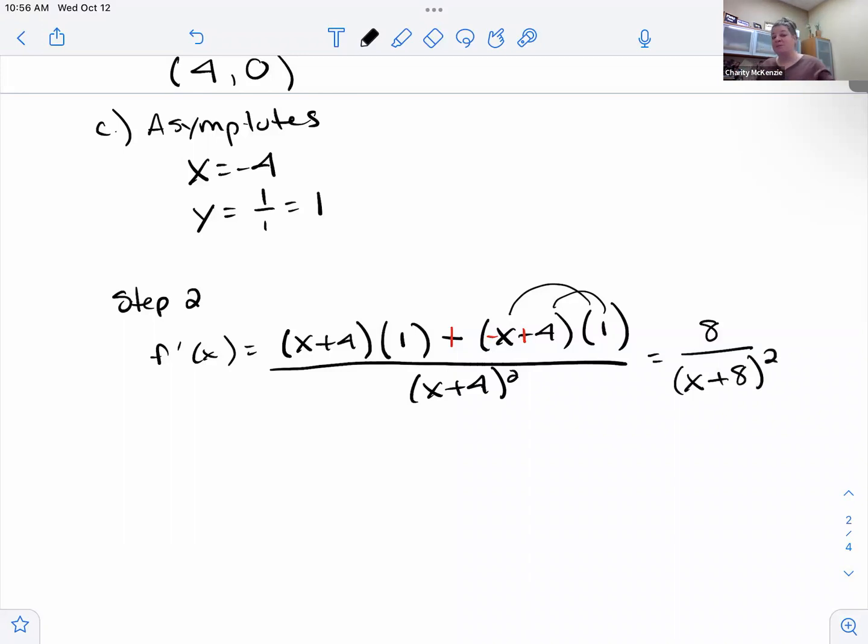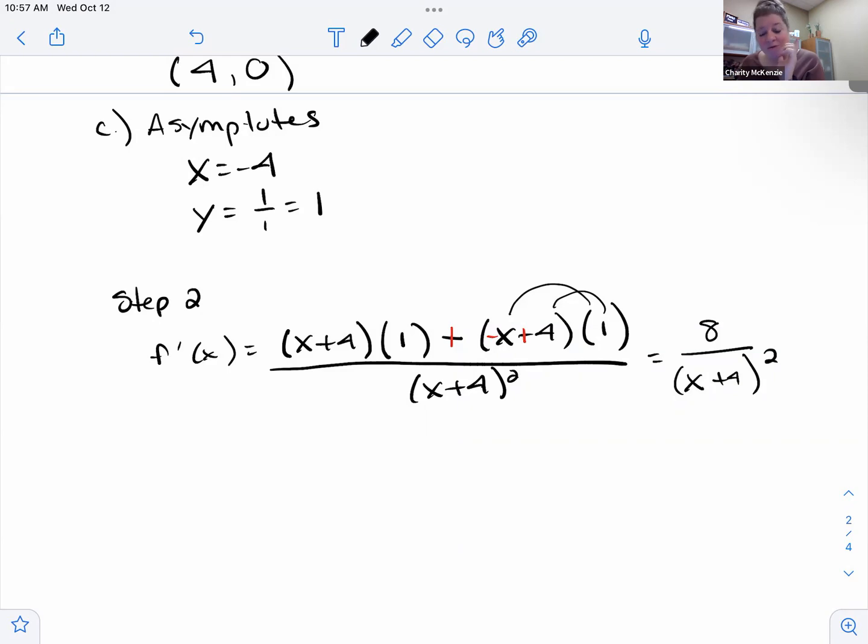Okay, so that's simplified. Then we're asked to see if we have any critical values. So we have partition numbers and critical values. We have a partition number because we cannot cross, hold on. Did you notice my 4 became an 8? Just a typo. We cannot cross -4 because we have an asymptote there.